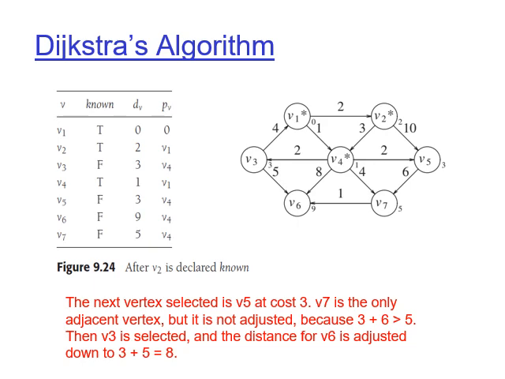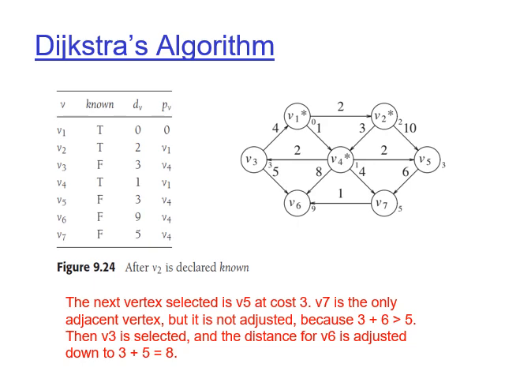So I will select V3, because among all the unknown vertices, V3's current estimate is the minimum. So V3 gets selected. Now, who are the neighboring nodes of V3? The neighbors are V1 and V6. V1 is known, so I won't adjust its weights. V6 is unknown, so I will try to adjust its weights. And what will be the weight?